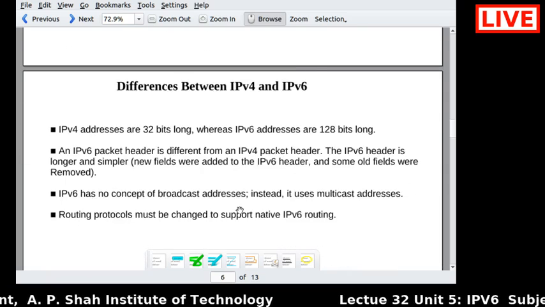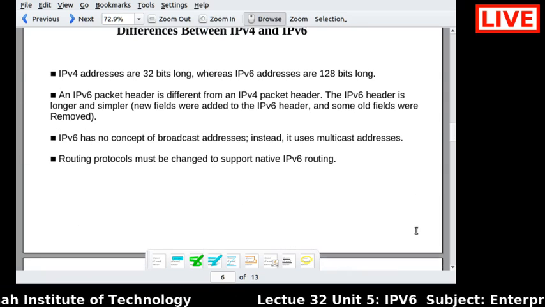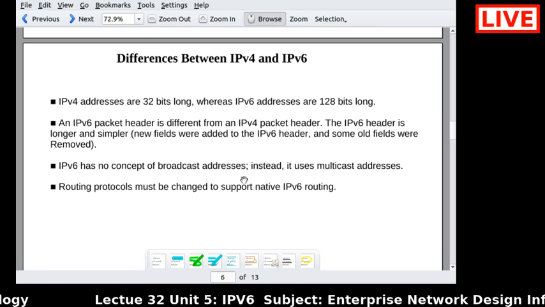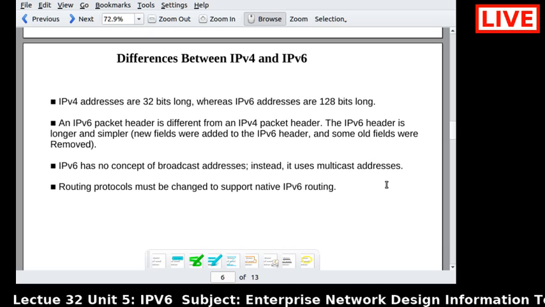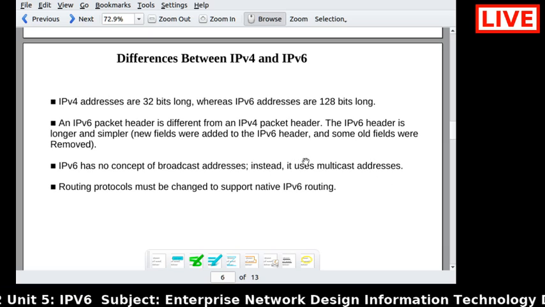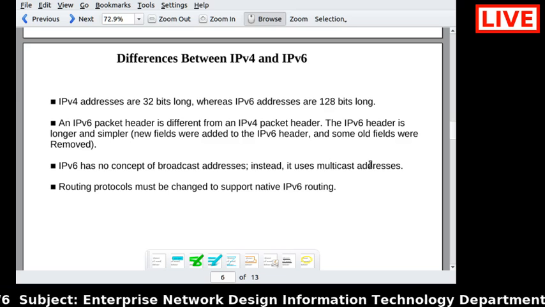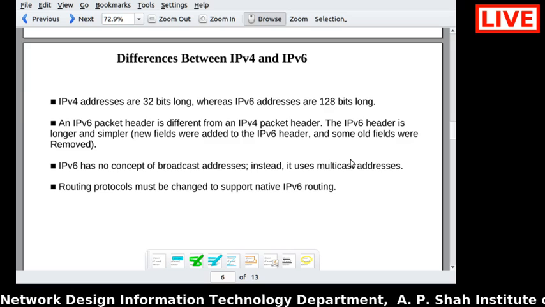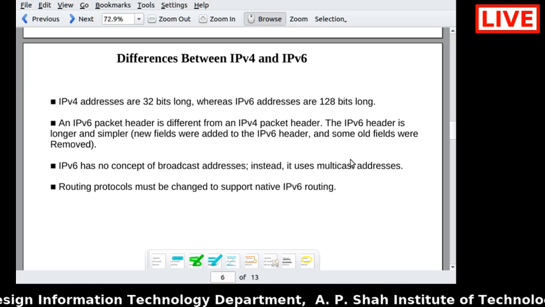Okay, then we will now see the differences between IPv4 and IPv6, right? Whatever the protocols or communication domains there are with respect to IPv4 and IPv6, there are some differences.